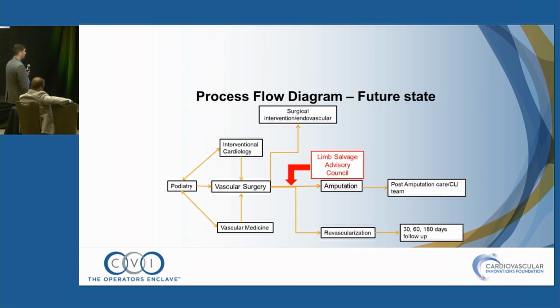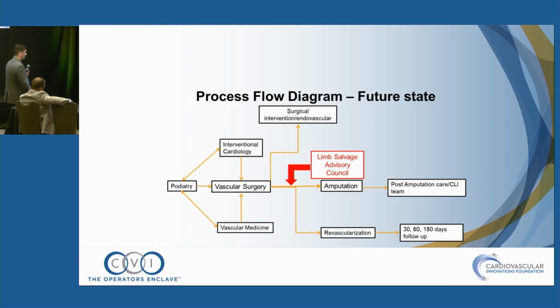So we implemented LSAC, the Limb Salvage Advisory Council, and nowadays everybody who's planned for amputation, before they proceed, we have to meet and discuss as a group. It's not just multiple specialties, but multiple providers with different skills and expertise within each specialty.